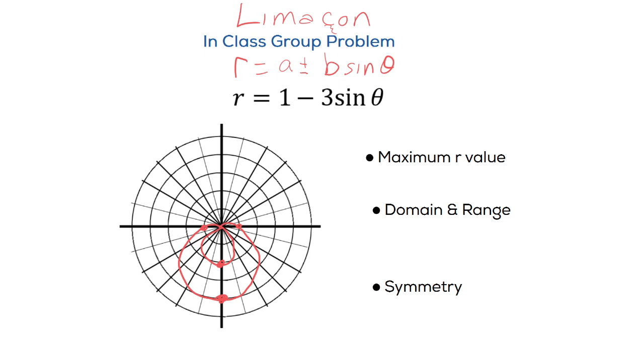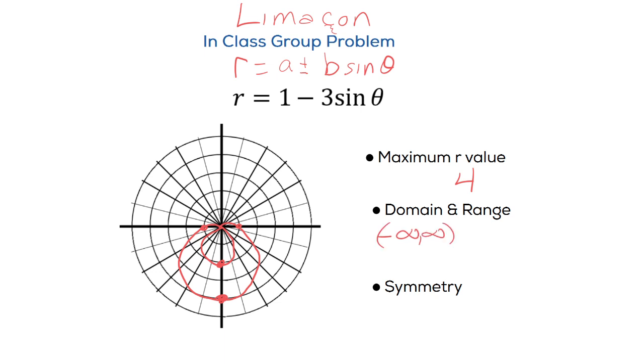That's called our limaçon. Now, our maximum R value on this particular graph, we were just looking at what's the farthest out it ever gets, and that would be a radius of 4. So our max R value was a 4. The domain and range in this one was negative infinity to infinity.